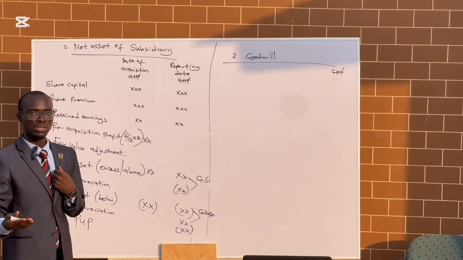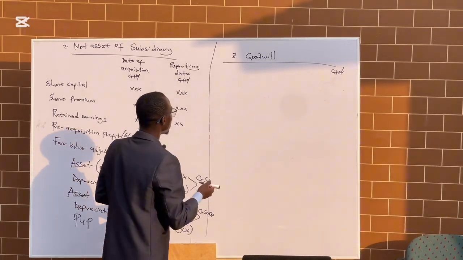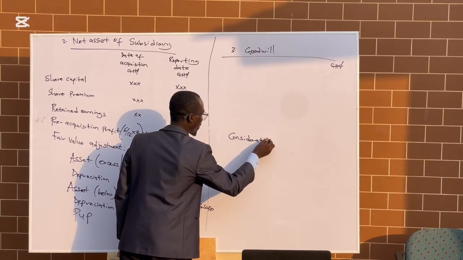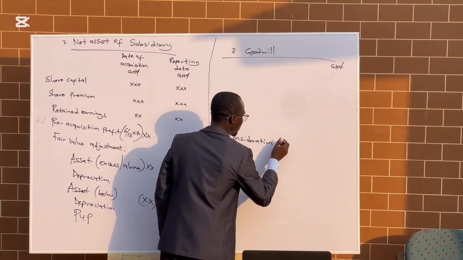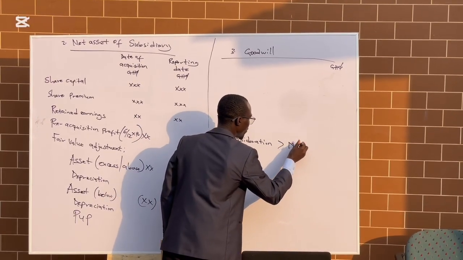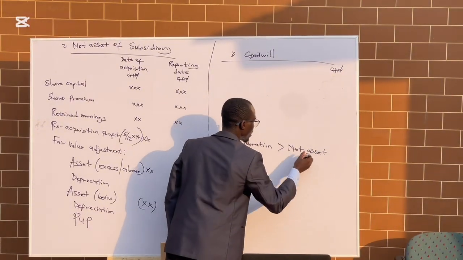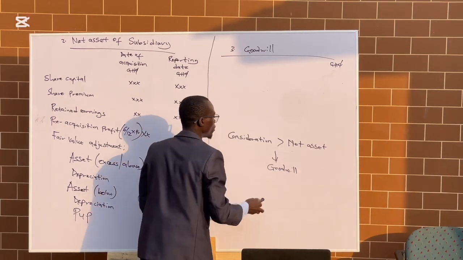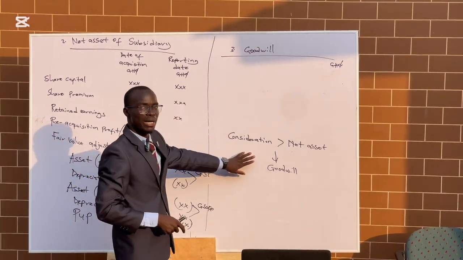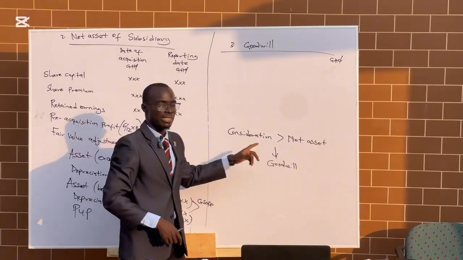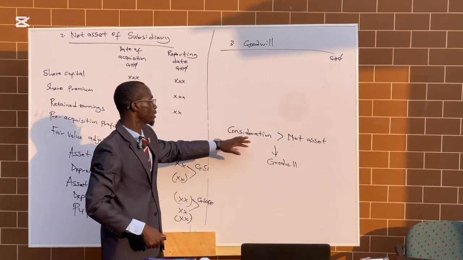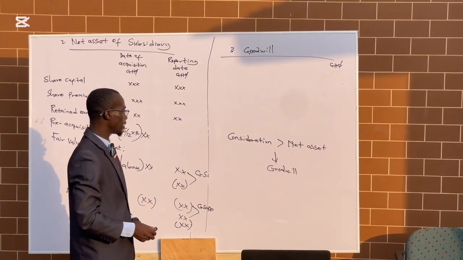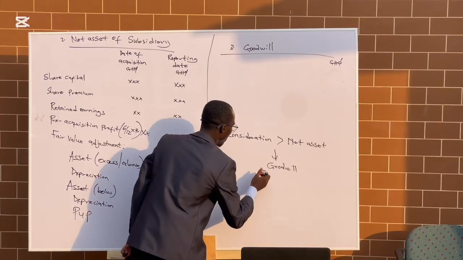So anytime your consideration, the price you are paying for the net asset of the subsidiary, is greater than the net asset, that's when what comes in? Goodwill. So if that consideration is greater than the net asset, therefore you get your goodwill. That's when the goodwill comes in.